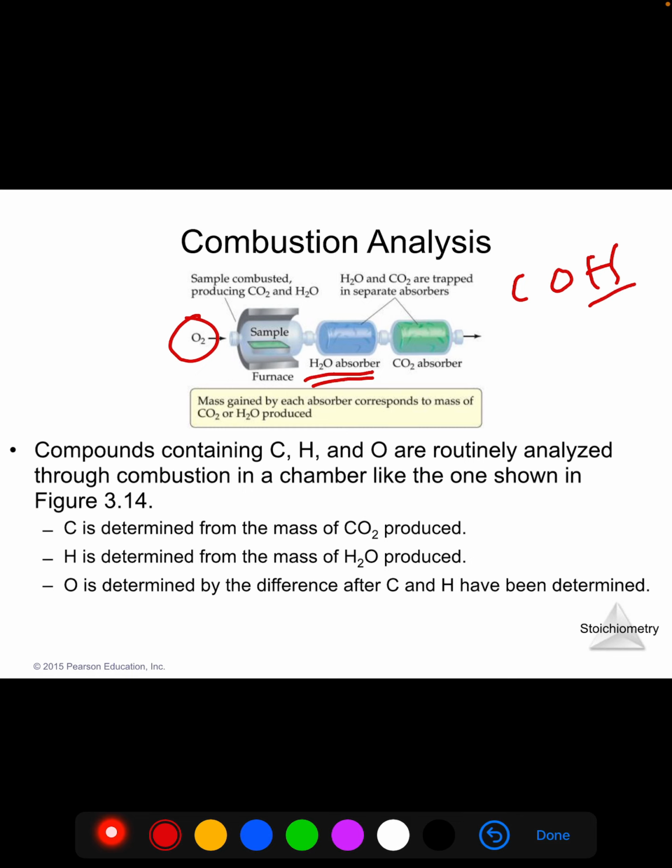And when you burn it, you can measure the carbon because there are lots of ways to easily absorb carbon dioxide and measure its mass. So you take a known mass of a sample, burn it in the presence of your oxygen, capture the water produced, capture the CO2 produced, and weigh them out. And of course, you had a known amount of sample, so any missing, if there's only carbon, oxygen, hydrogen, would be oxygen, right?